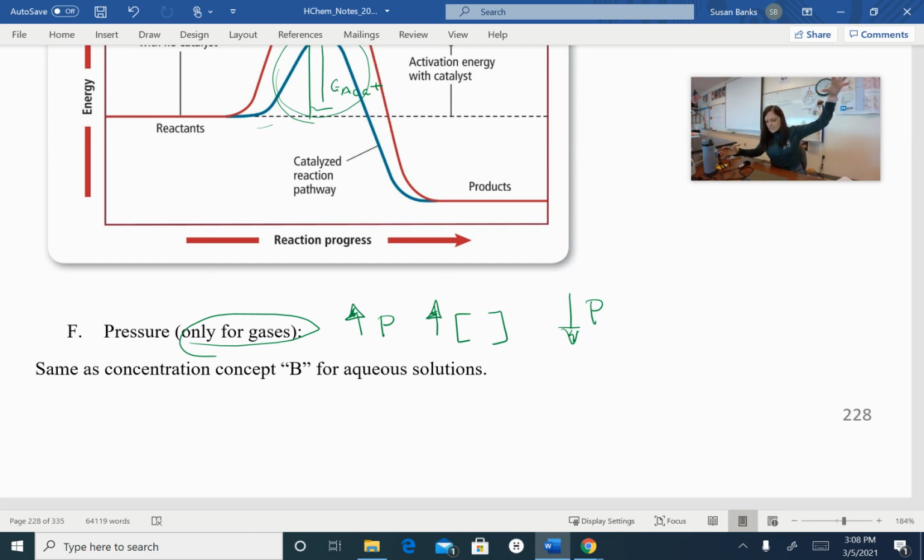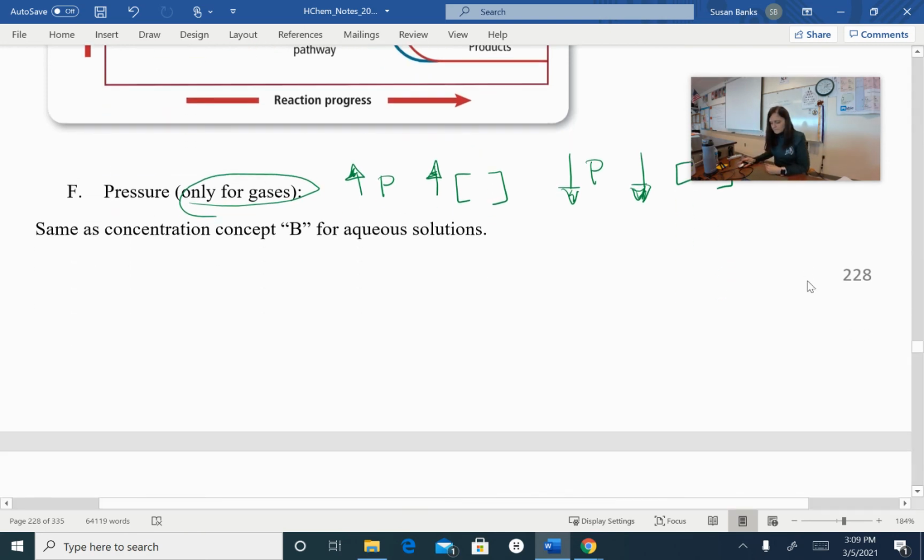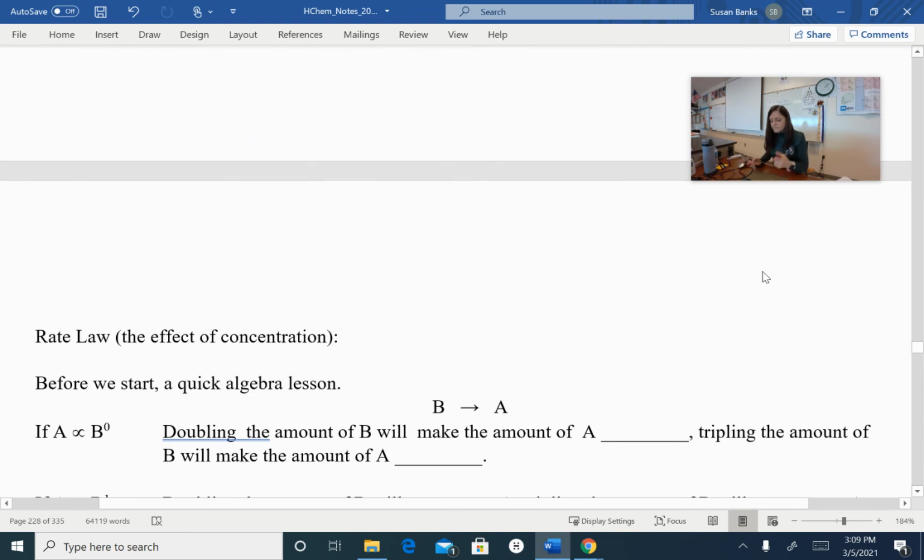And if I let those gases expand, I decrease that concentration. And if I decrease that concentration, the probability of having even a collision, because the molecules are so far apart, becomes much lower.